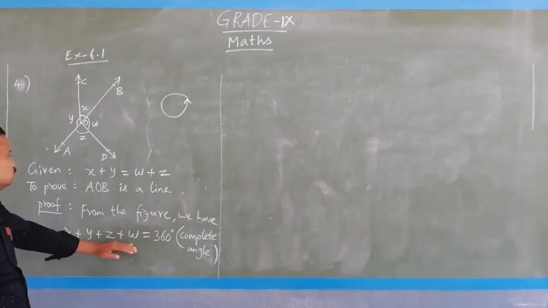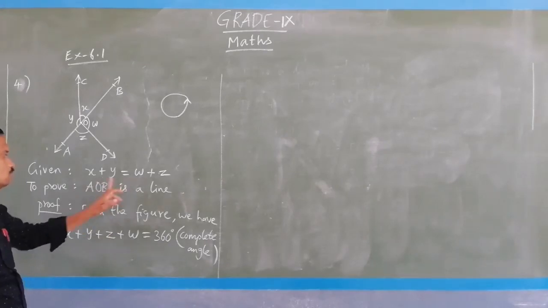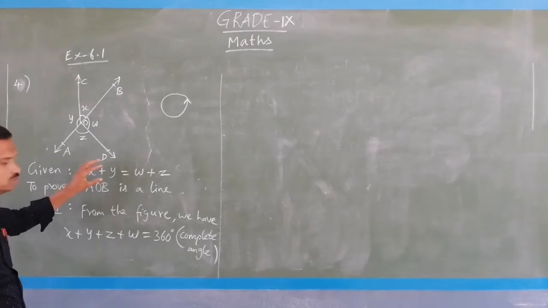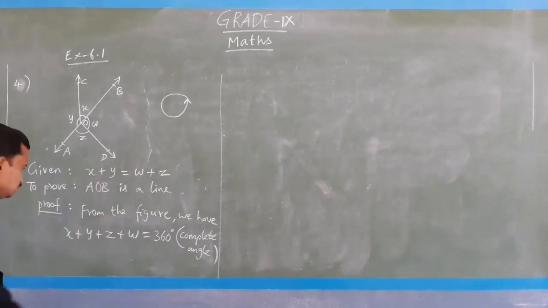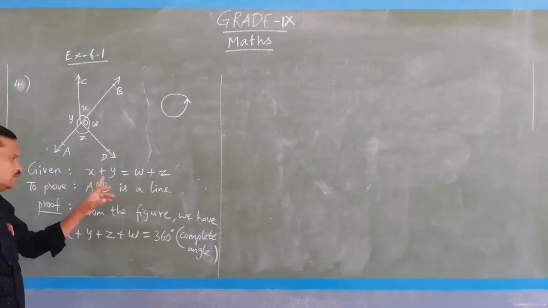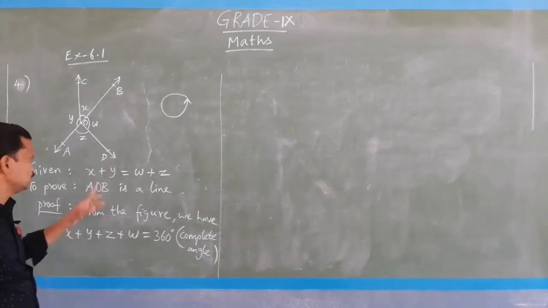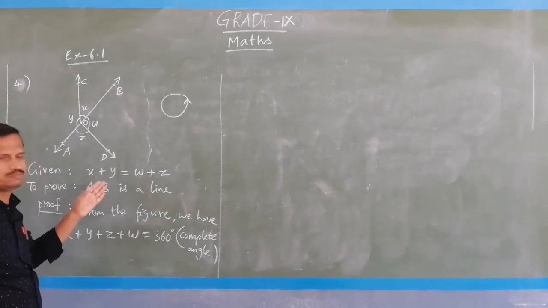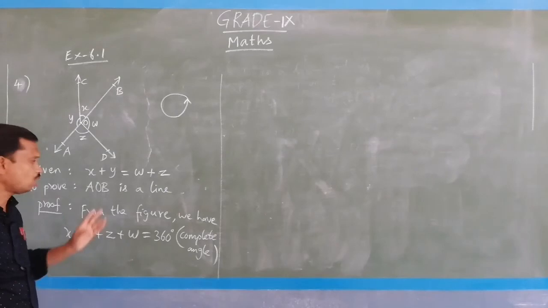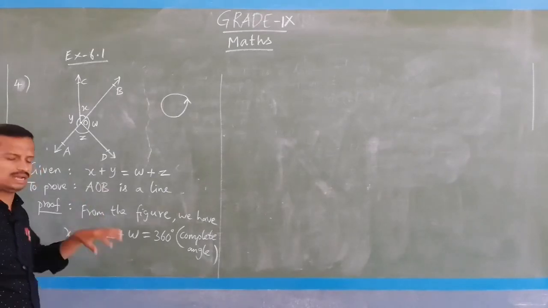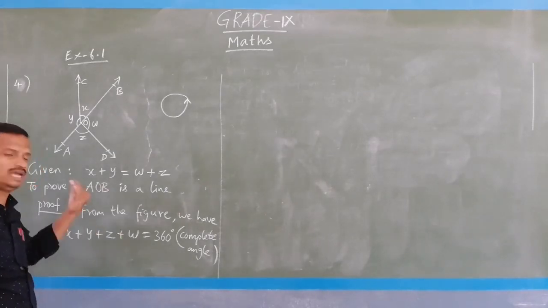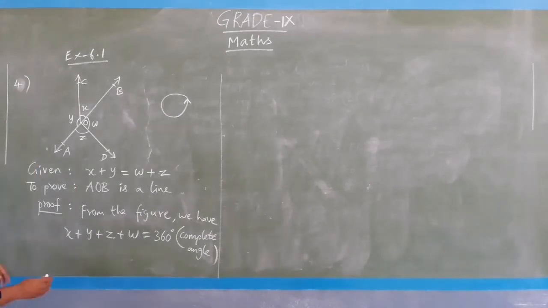You see, the sum of x plus y is equal to the sum of w plus z. So, either of these we can substitute. Either we can substitute x plus y for w plus z, or on the other hand we can substitute for w plus z x plus y. So, now I am going to substitute x plus y for w plus z.